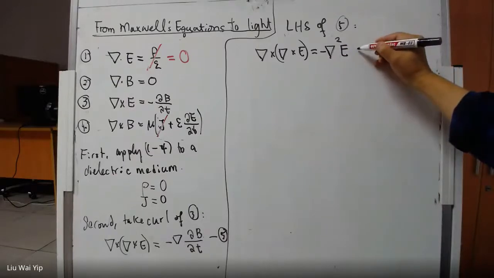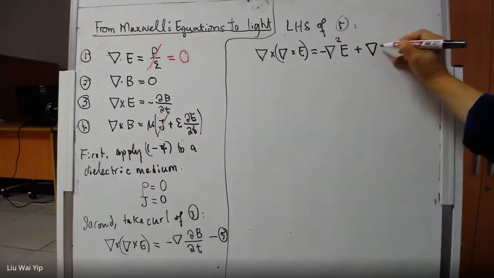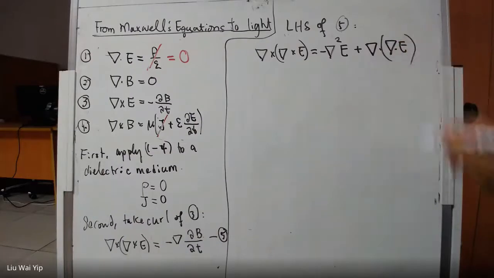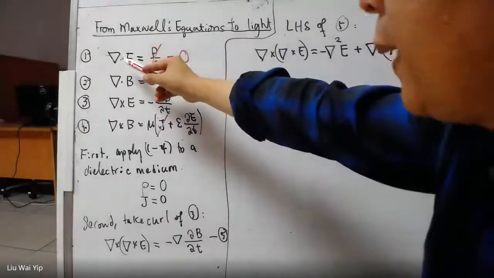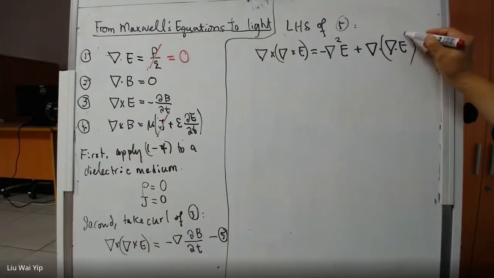And then plus the gradient of the divergence of E. But according to equation 1, the divergence of E is 0. So this term can go.